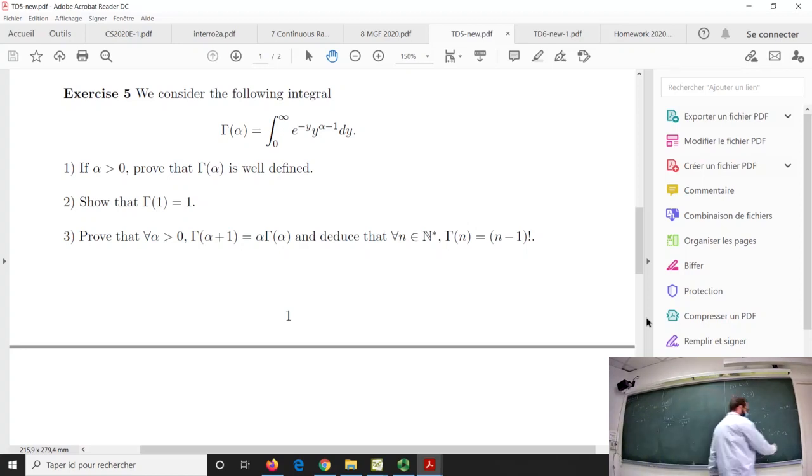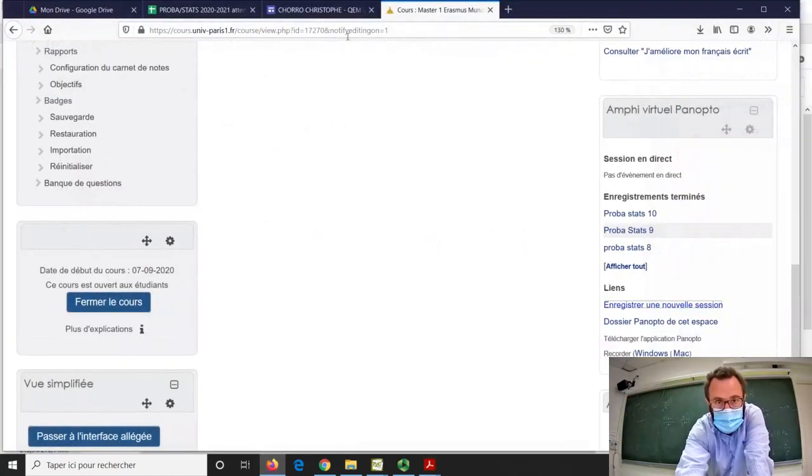And so I obtain n factorial over lambda to the power n. Okay? And I have here the expectation of Z to the power n when Z follows an exponential of parameter lambda, that I can compute very quickly now from what I know of the gamma density function. Okay? So let's do the break.